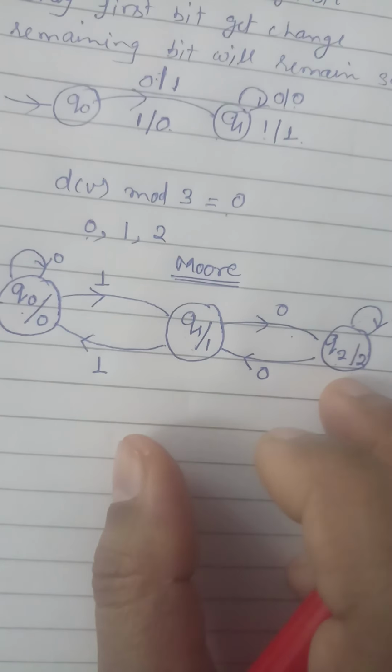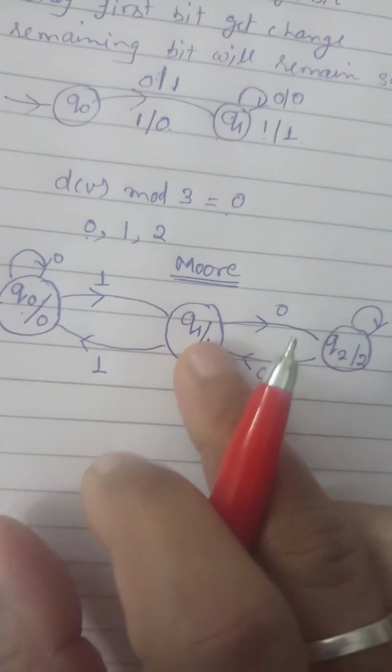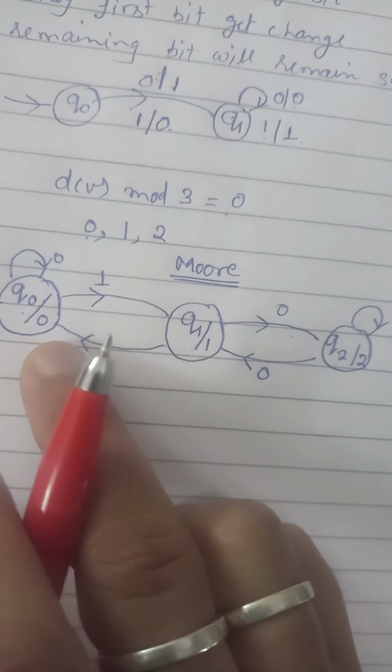That's why we are writing 2 as an output, 1 as an output and 0 as an output.